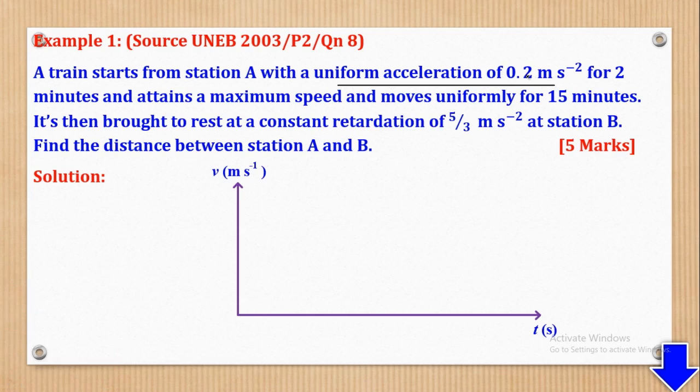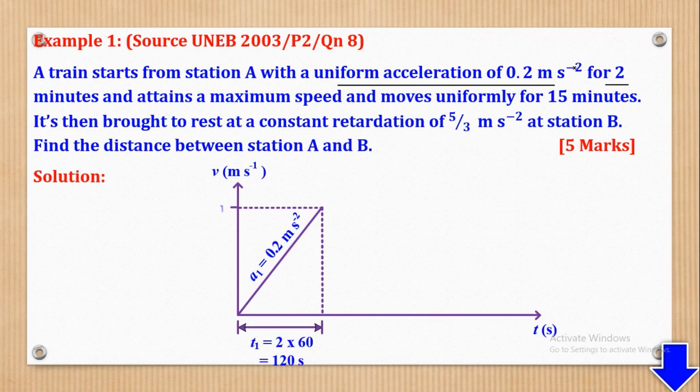So uniform acceleration was 0.2 meters per second squared, and the time taken during the uniform acceleration was 2 minutes. These 2 minutes have to be converted to seconds by multiplying 2 by 60 to come up with 120 seconds, because our axis, the time is measured in seconds according to this labeling.